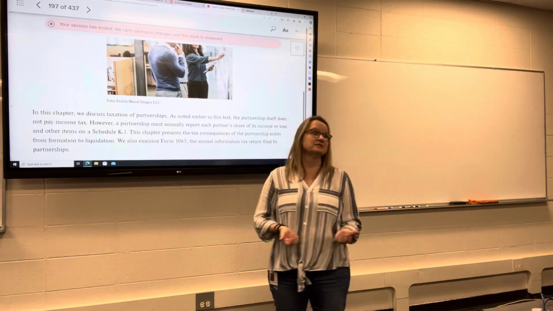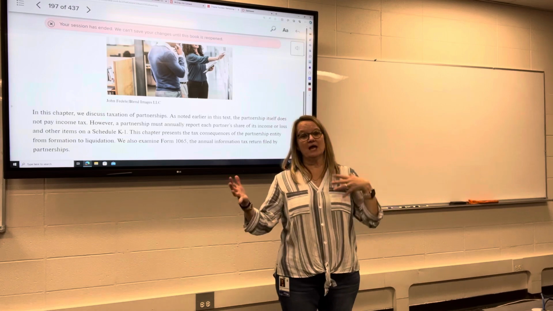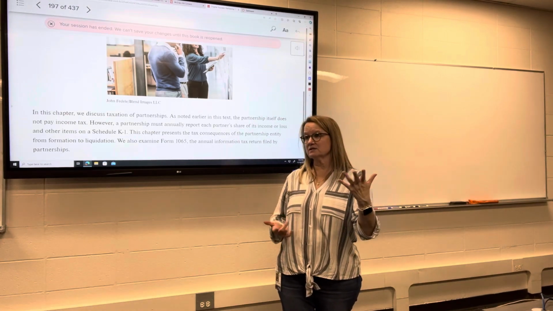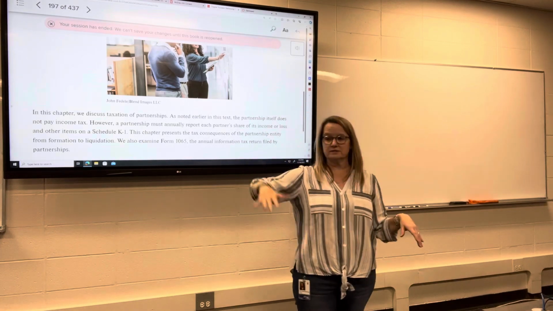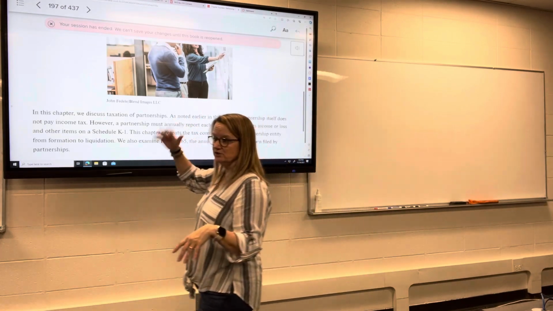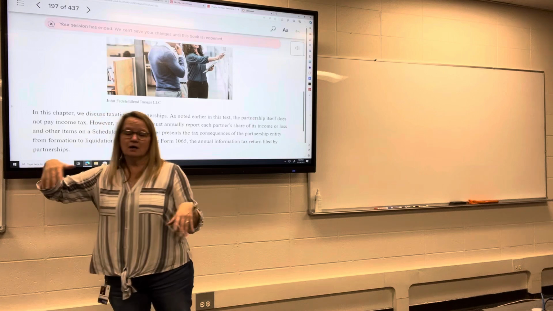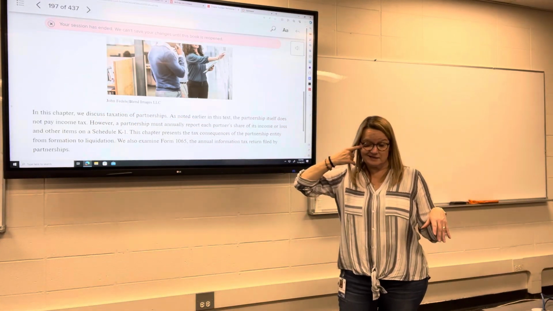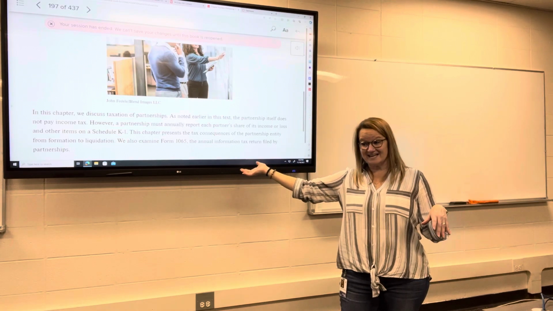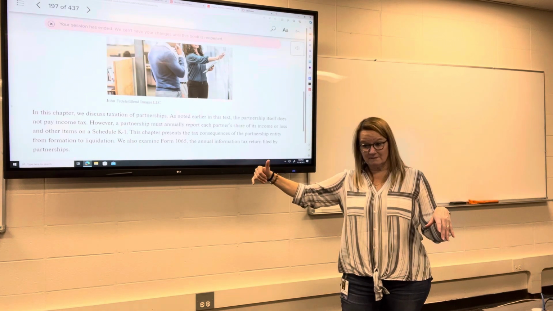So remember when we talked about basis of assets, we're adjusting the basis downward for depreciation, upward for improvement. So it's constantly changing every year, depending upon what we're doing with that asset. Well, a partnership is an asset as well to the owner, right?